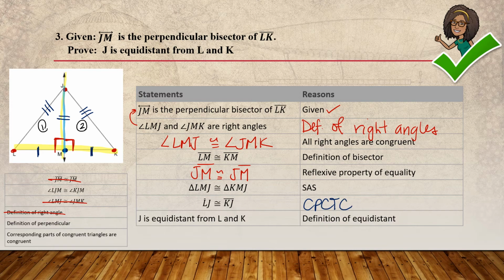If I have congruent parts of one triangle corresponding to congruent parts of the other triangle, I can automatically say that the other parts are also congruent. So now I've just proven that point J is in fact equally distant from point L and K, and that's by the definition of being equally distant.